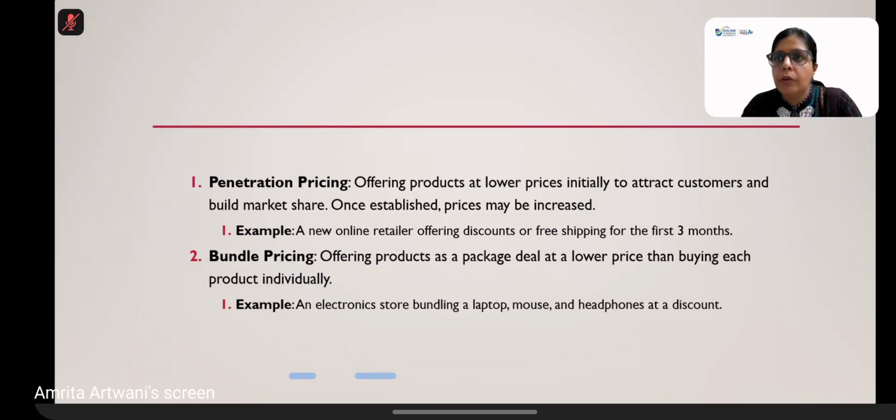For example, when a new iPhone model is launched, it is expensive. Then gradually, when a new model is about to come or it becomes a little bit old, the prices of the same model will go on decreasing.